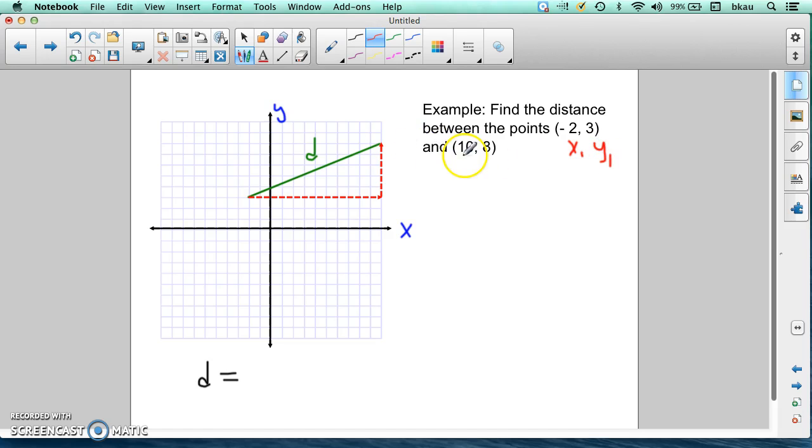And I'm going to write this as x2 and y2. Okay, so using the formula, we're going to start with our parentheses here. So we're going to put in our x2 first, which is 10, minus our x1, which is -2.